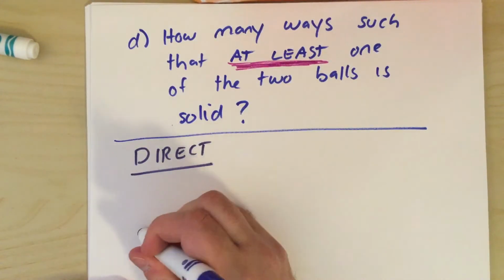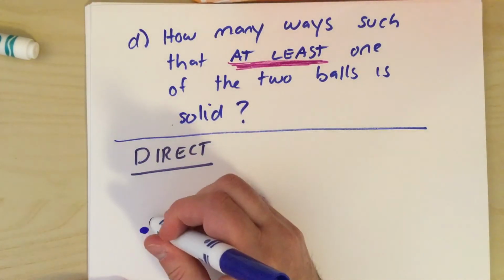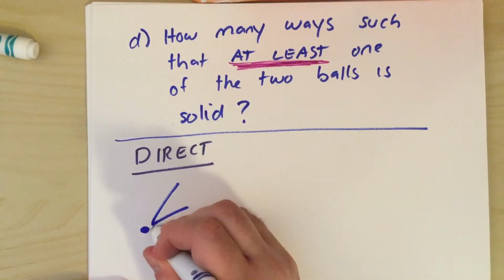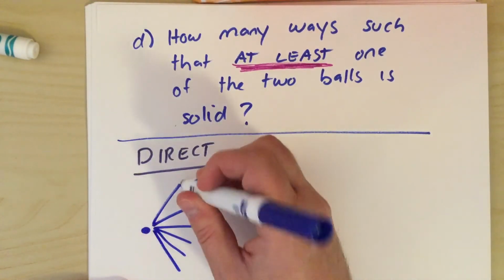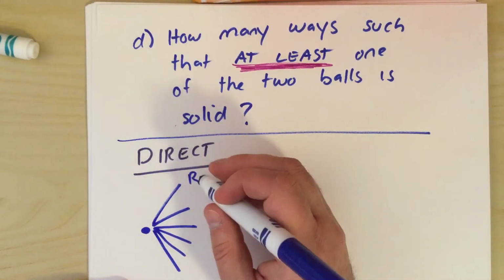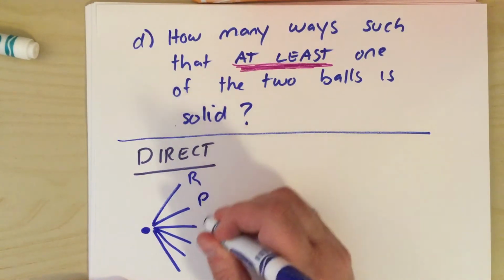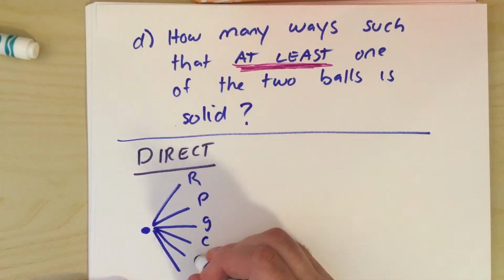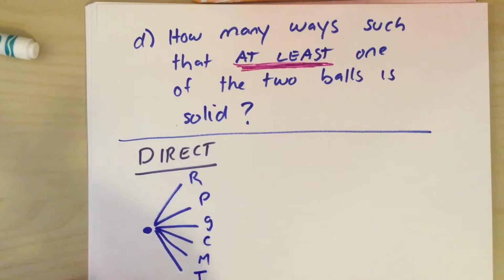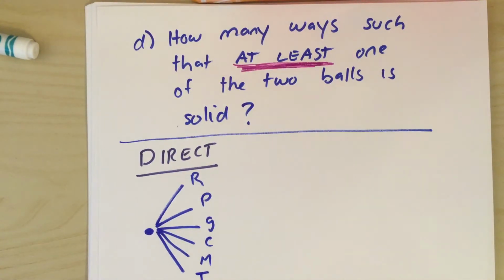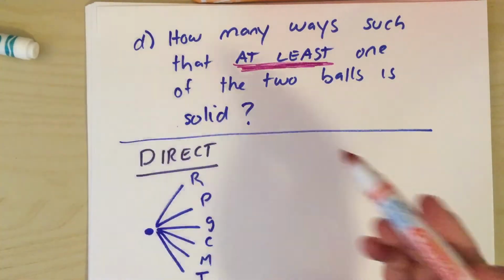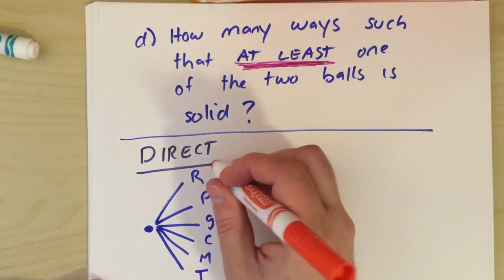So what we have is, we could take anything for the first one. So we could have red, pink, green, cyan, magenta, or turquoise. If it's red, then at least one of the balls is solid, so we could take any of the others for 5.